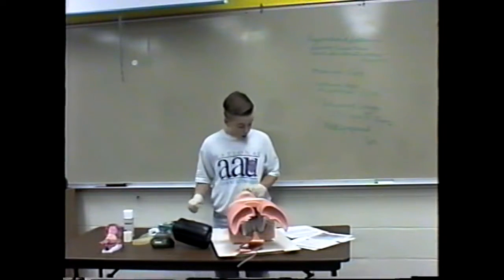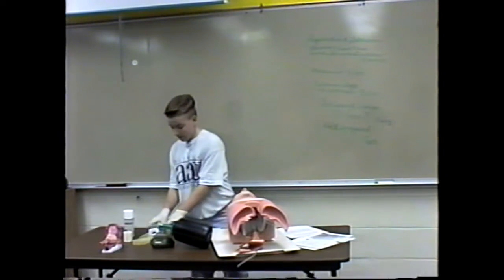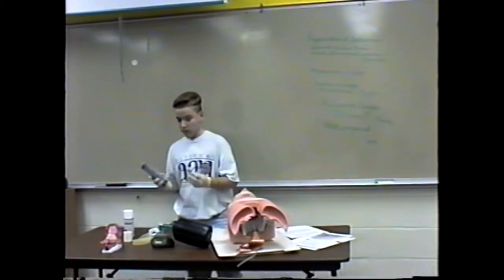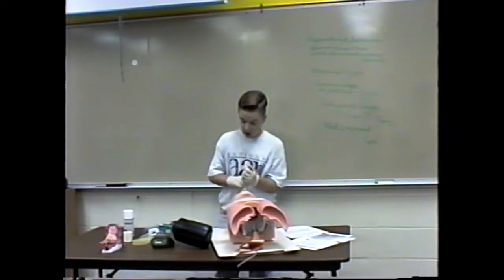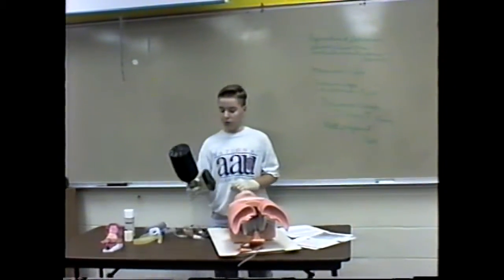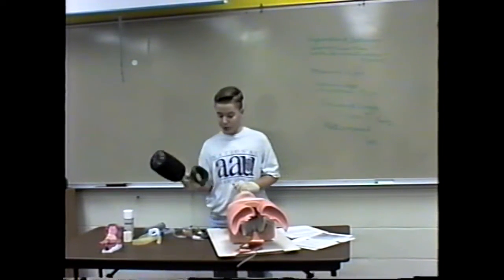Some different equipment used in all intubations may include KY lubricant, which is just to make the tube slick, syringes, and the ambu bag, which is used to ventilate or hyperventilate the patient.